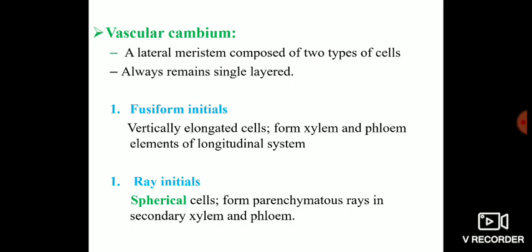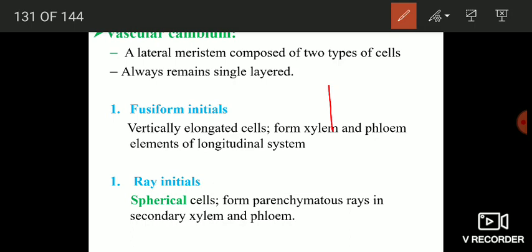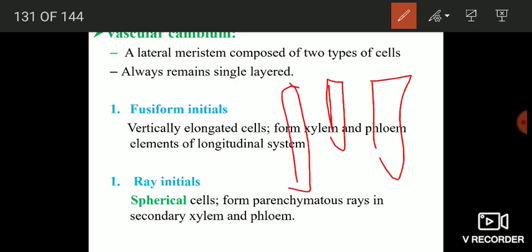Fusiform initials are vertically elongated cells, and they form xylem and phloem elements of the longitudinal system. जो xylem में tracheids होती हैं, vessels होती है, या phloem में sieve tube elements हैं, they result from fusiform initial divisions. जब fusiform initials divide करती हैं, they result in the formation of similar type of cells, and these cells give rise to tracheids, vessels, and the sieve tube elements of phloem.